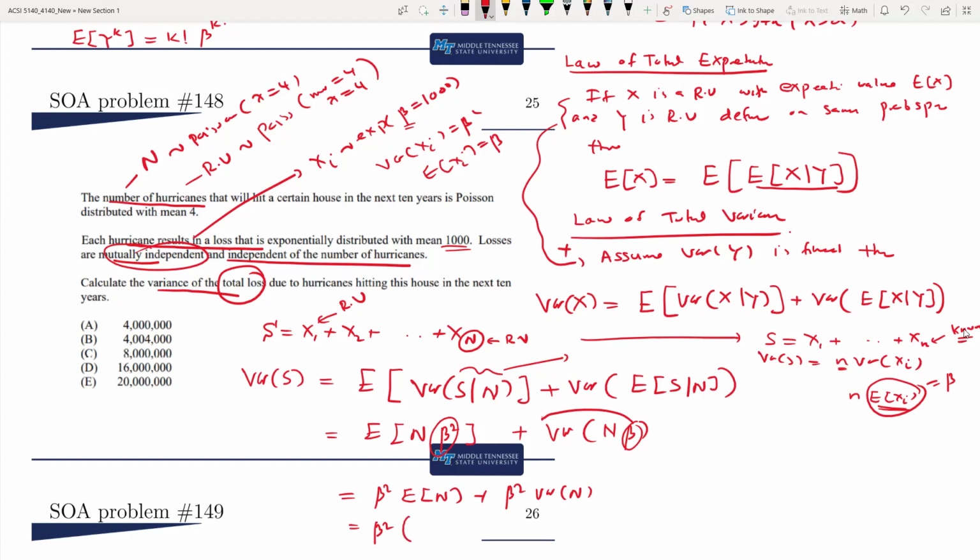For Poisson, the variance and mean are both equal to 4, basically lambda. So that's going to be 2 times lambda times beta squared. Now I can substitute values. Lambda is 4, beta is 1000. So this is going to be 8 times 1000 squared, and your answer is going to be C.